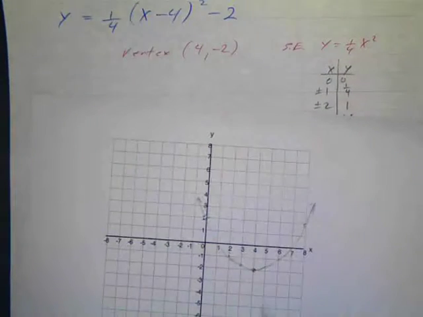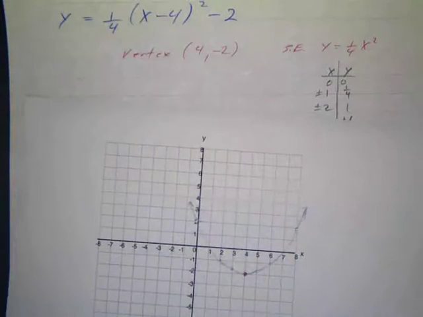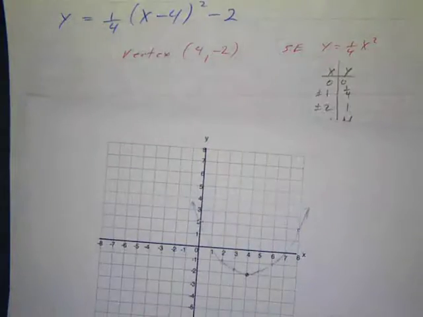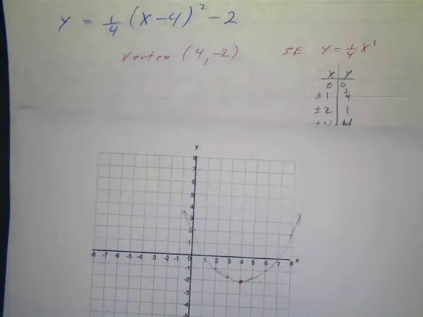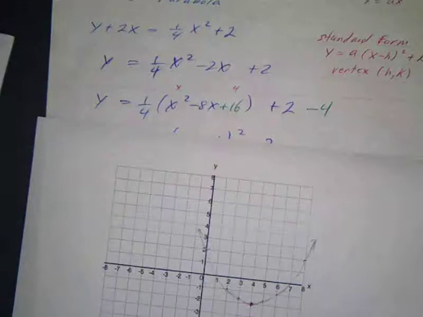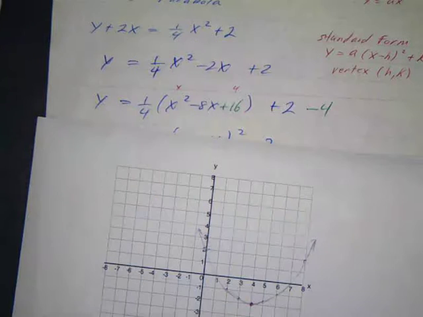Now the axis of symmetry is, in this case, the vertical line that goes right through the vertex. So that's your axis of symmetry. And that actually is a line.